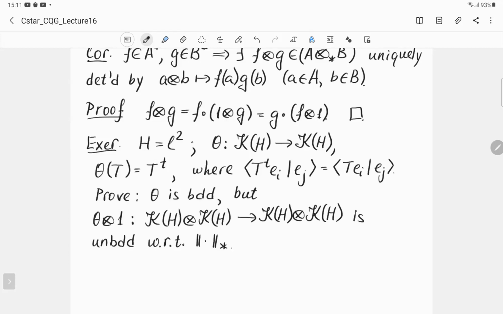So this exercise shows that we cannot apply the same construction to linear operators. It can happen that the respective tensor product will be unbounded.